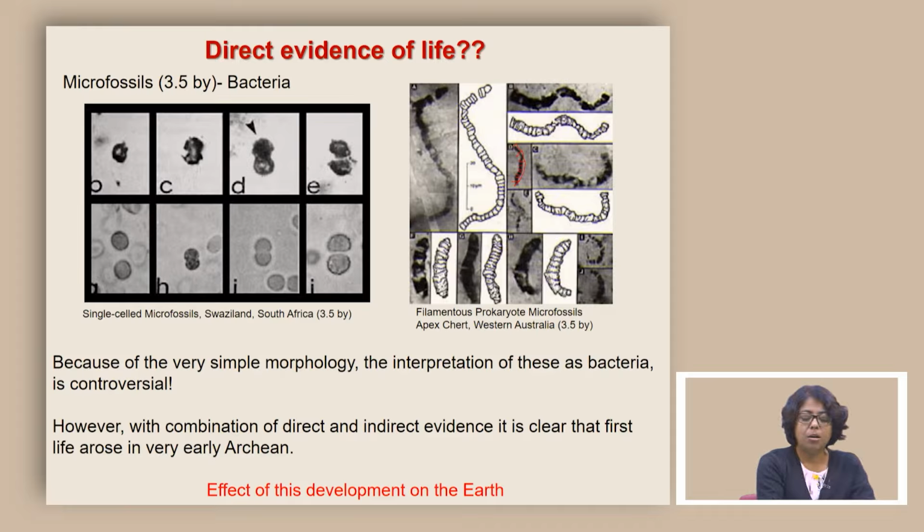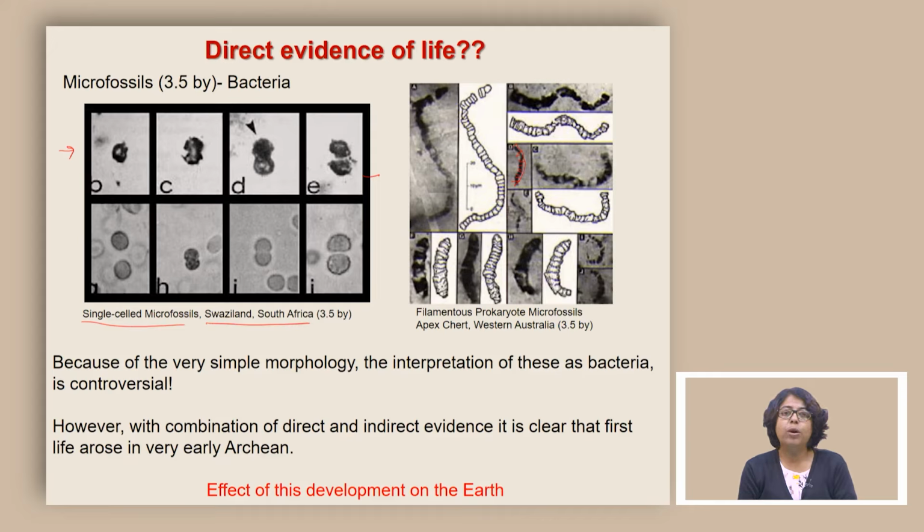Others are called single-celled microfossils. So this is the actual fossil, the top panel, and this has been compared to the modern-day cell division pattern, and it showed the comparison, and this has been found from the Swaziland of South Africa. This is also 3.5 billion years.